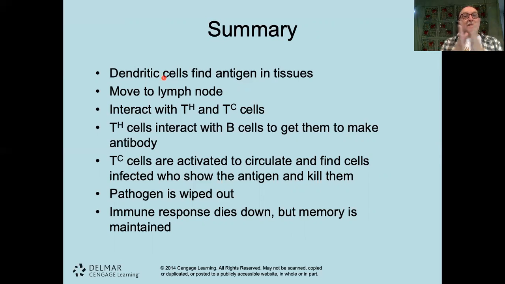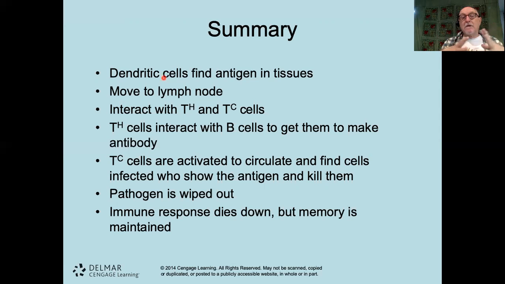In the lymph node, they interact with T helper cells and with cytotoxic T cells. The T helper cells interact with B cells and get them to start making antibody to the new antigen. The cytotoxic T cells are activated, they go into circulation and they seek out cells which are infected with that particular pathogen, which have that antigen associated with them, and they kill them.